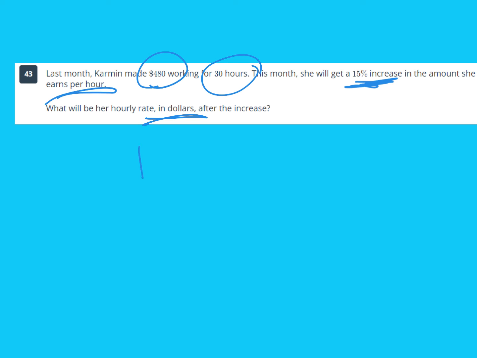Okay, so here's my tape diagram. 100%, 15% increase. So it's 1 plus 0.15, 1.15. Hourly rate. Oh, first we have to figure out the hourly rate.